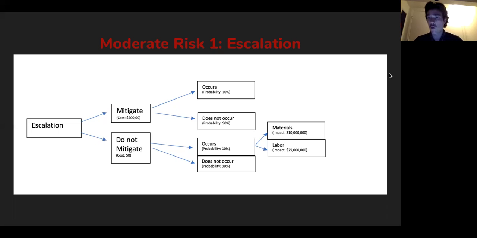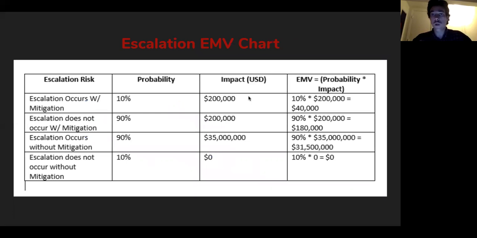So it's much more likely that it does not occur if we decide to mitigate, which is something to keep in mind. And then also, if we do not mitigate, the price is $34 million more than if we did mitigate, which is another large factor that we kept in mind as well.